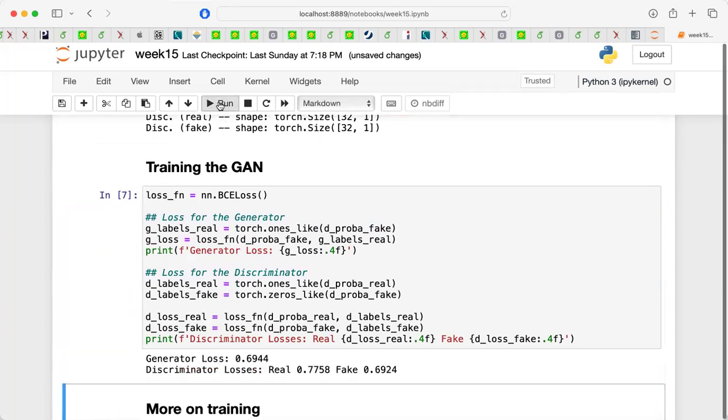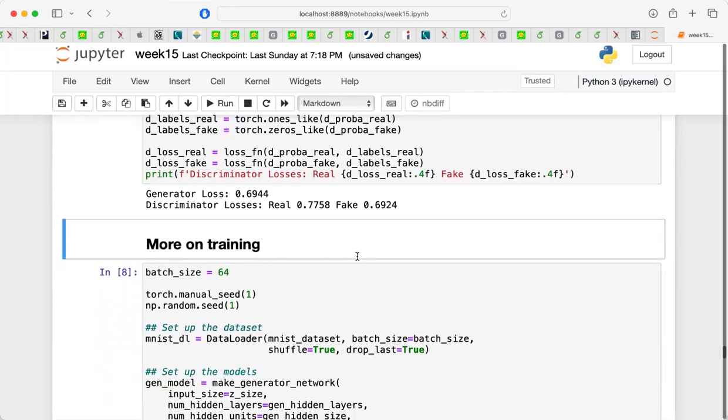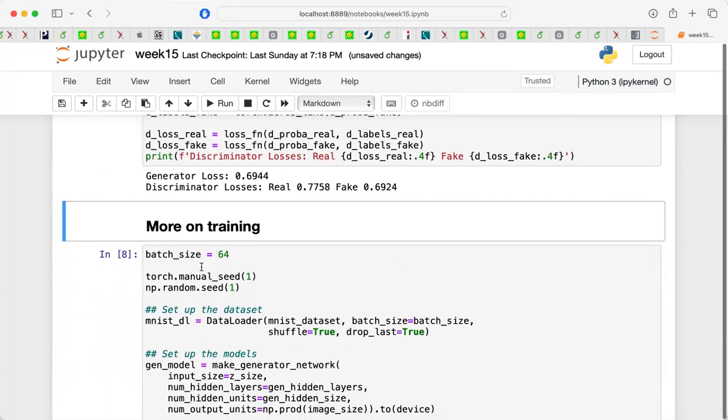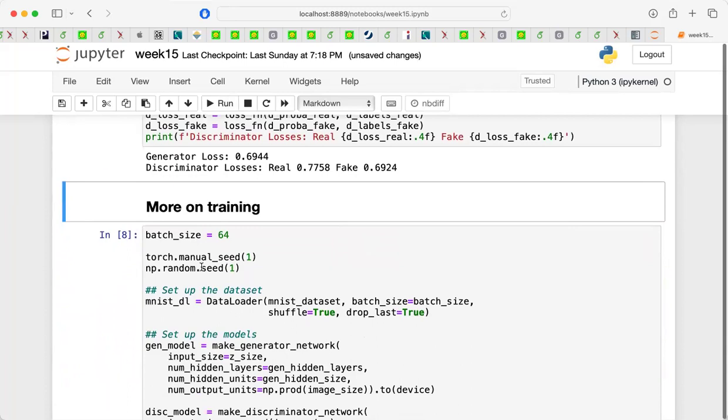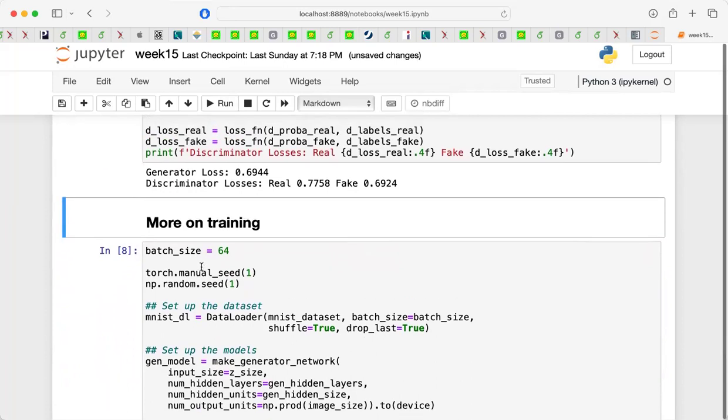And when you're training the model, we are going to use binary cross entropy as a loss function in order to train the model. And then we are going to set up the number of batches. There's going to be a probability for a fake result, and then there's going to be a probability for the real result.